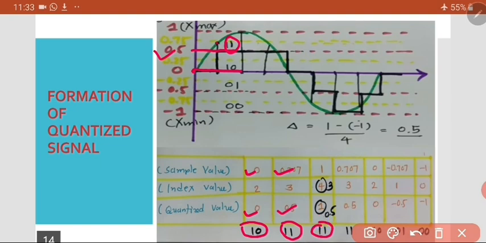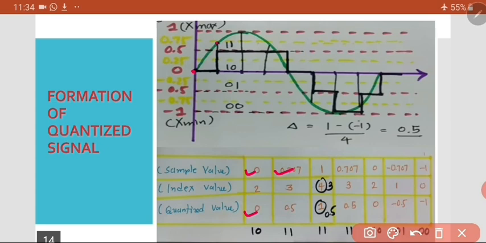Then once again 0.5 will be 1 1. Over here 0 will become 1 0. For -0.5 it will be 0 1, and for -1 it will be 0 0. Okay, so how this digital data comes you can understand very well.